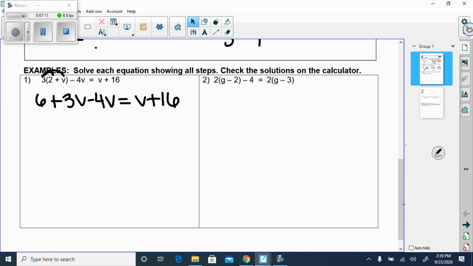Combine like terms. Yes. So we're going to combine our like terms right here. So I'm just going to bring down the 6. And what is 3v minus 4v? Negative 1, or negative v. Negative v is equal to, just bring down the v plus 16, right?